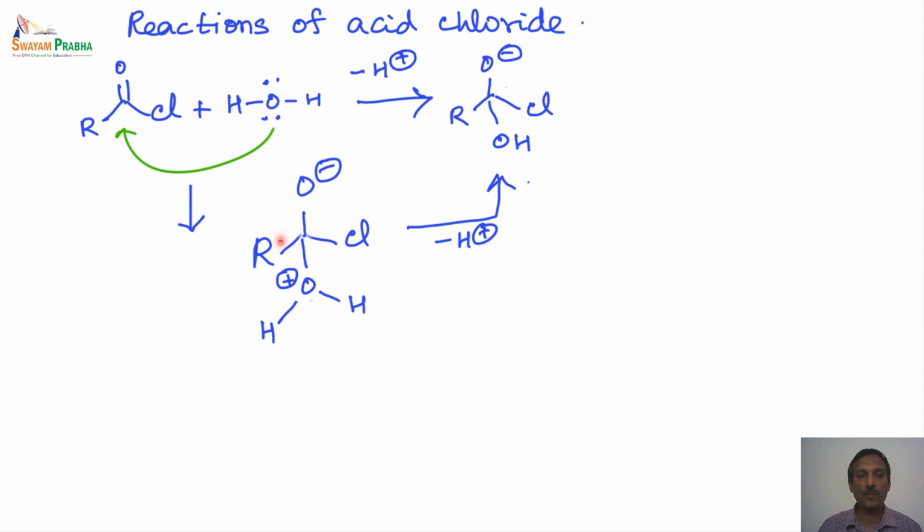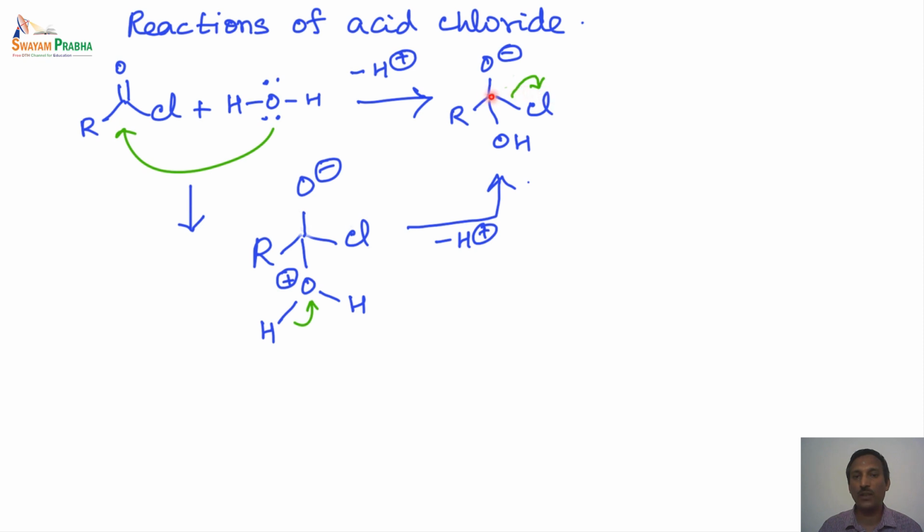In the initial step, this oxygen-carbon bond is formed. Oxygen now becomes an oxonium ion. This is quite unstable, so it pulls the electrons of the O-H bond. The bonding electrons are pulled by the oxygen. So by the loss of H plus ion, we get this particular intermediate. This intermediate is quite unstable, and chlorine being a very good leaving group pulls the carbon-halogen bond electrons towards itself.